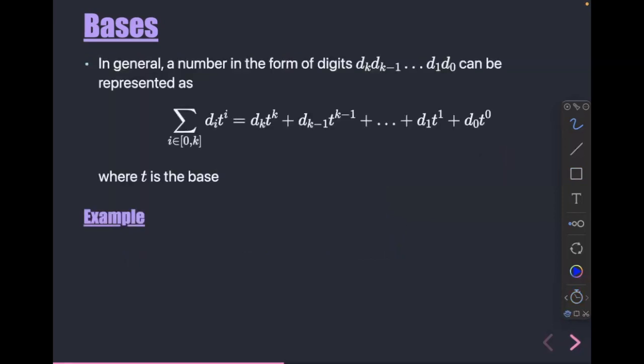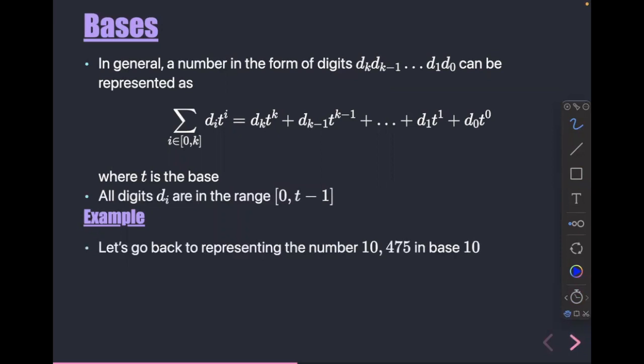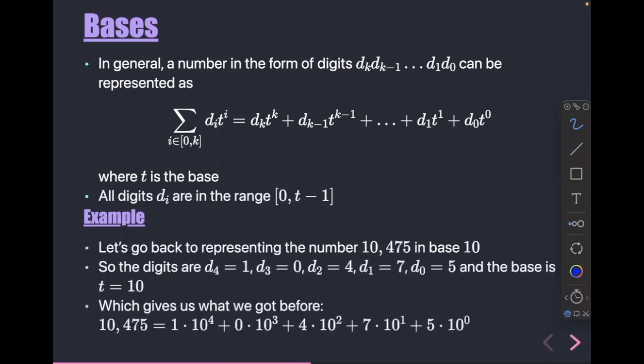So we can generalize what I was talking about first. We can represent a number in the form of its digits. Let me also include the example so it's easier to see. For this number 10,475, your digits are 1, 0, 4, 7, 5. So here I wrote D4 is 1, D3 is 0, D2 is 4, D1 is 7, and D0 is 5.